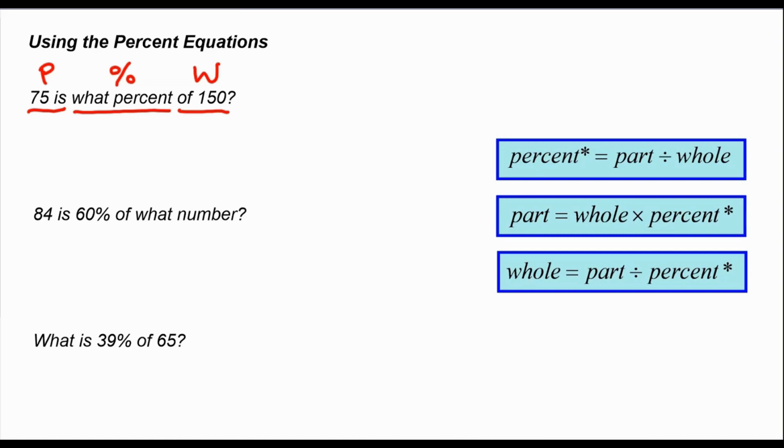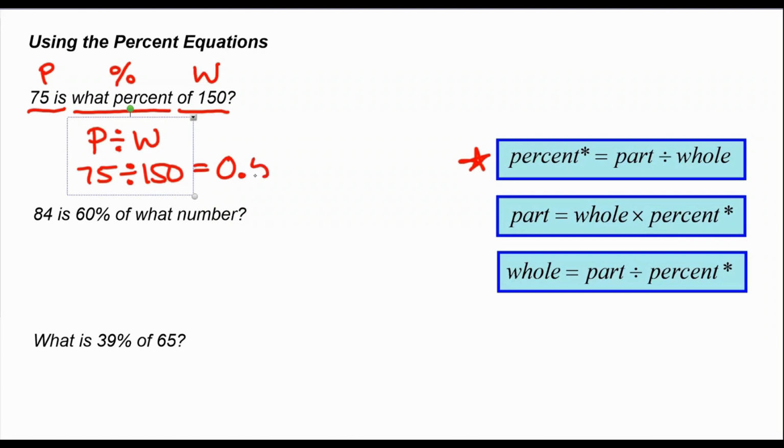So if I'm looking at my percent equations, this is the one I want to use right here, the one that tells me the percent. The percent is equal to the part divided by the whole. So I'm going to take the part divided by the whole, and that's 75 divided by 150. And 75 divided by 150 is 0.5.